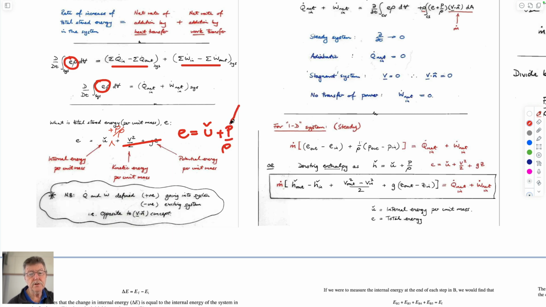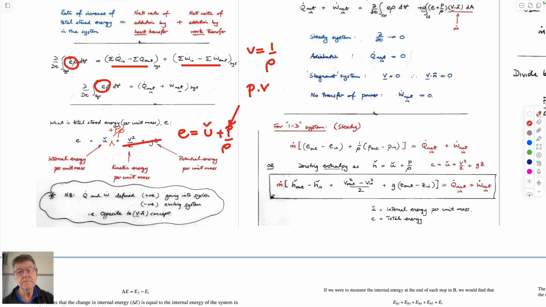And this pressure over density is what we've called before pressure times specific volume. Specific volume that we defined was equal to just 1 over rho. So density is in kilograms per meter cubed, so increasing specific volume is the same as increasing actual volume of an expanded fluid if it flashes to steam, for instance.